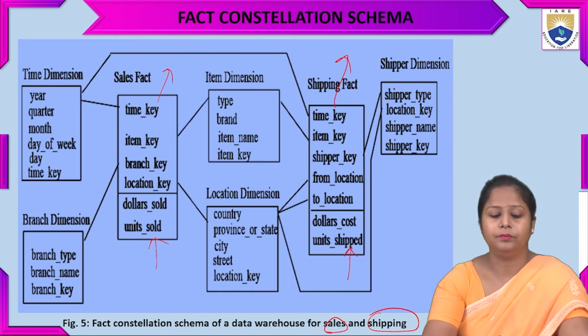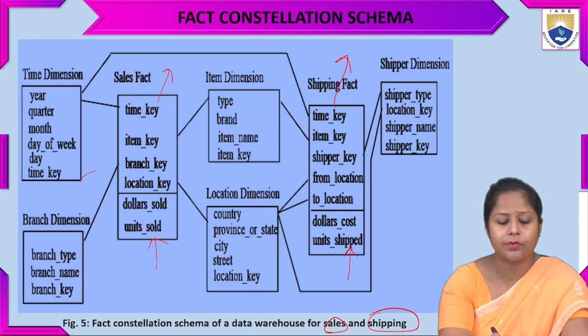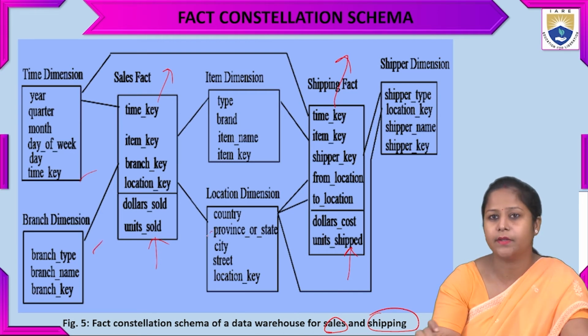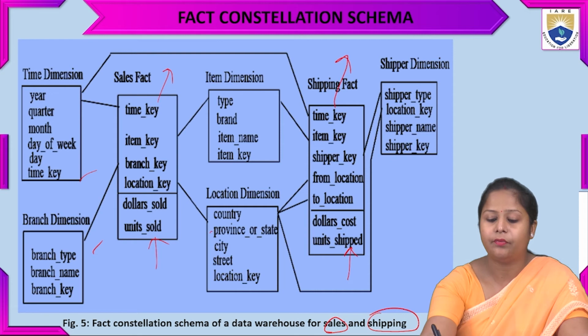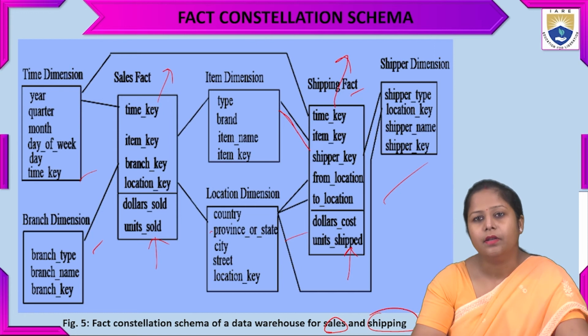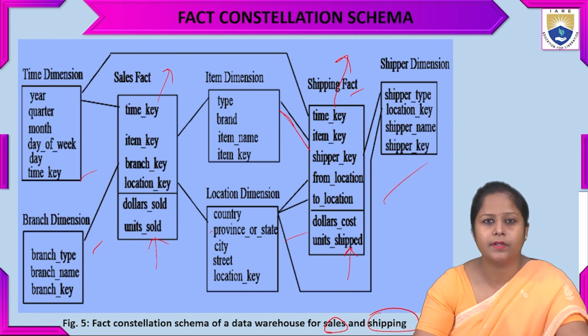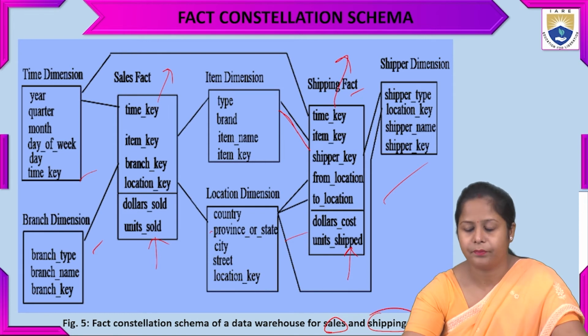For the sales fact, there are the dimension tables time, branch, item, and location associated. Again, for the shipping fact table, the item dimension table, location dimension table, and shipper dimension table are associated. If we map it like that, it will be called a fact constellation or galaxy schema.